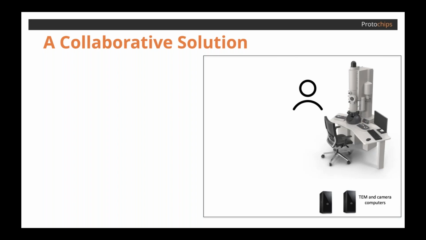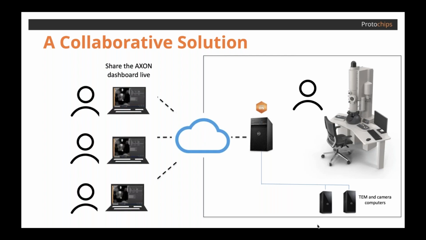And just to give a high-level overview of what AXON looks like in the lab and how it connects, the AXON computer connects and integrates with your TEM computers and your camera computers. And it allows a point of internet connection that's one step removed from your protected computers. So from there, you can use your favorite screen sharing software to share the AXON dashboard screen with the audience.